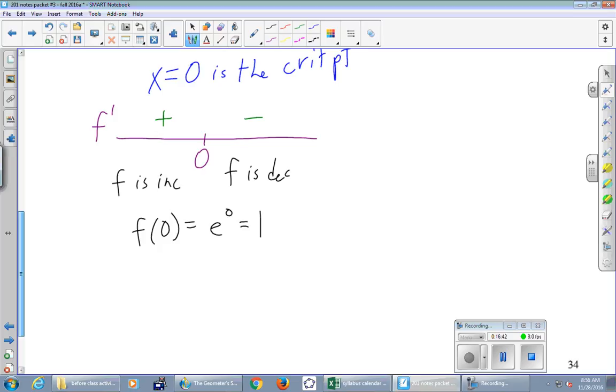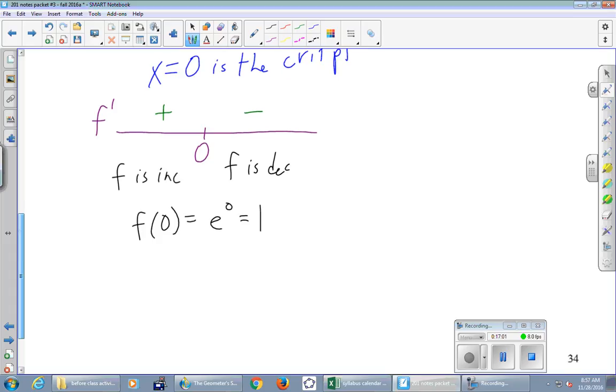Okay. So 0, 1. That's a maximum. And it's not just a local max, because this function is increasing forever to the left of 0 and then decreasing forever. So it is going up all the time until it gets to 0 and then is going down all the time. So an absolute maximum at x equals 0.